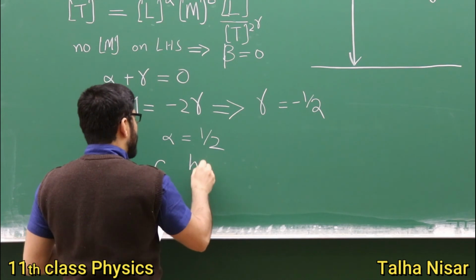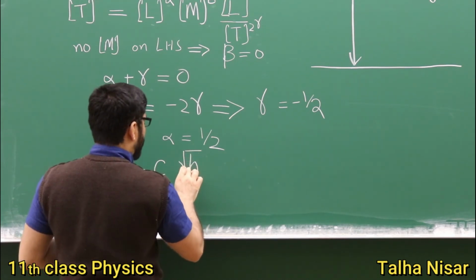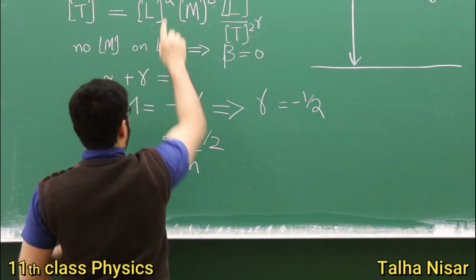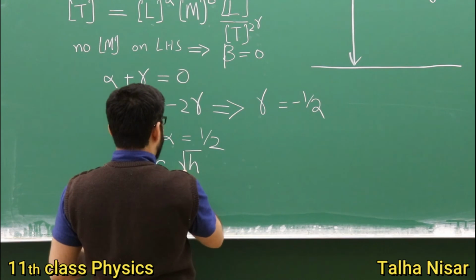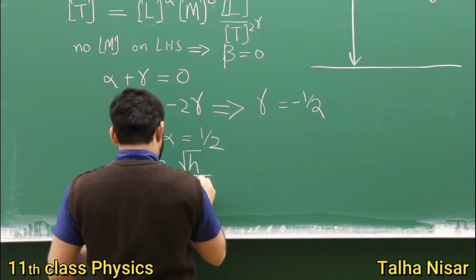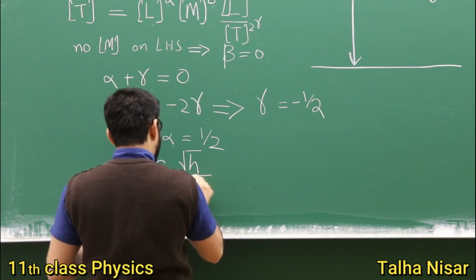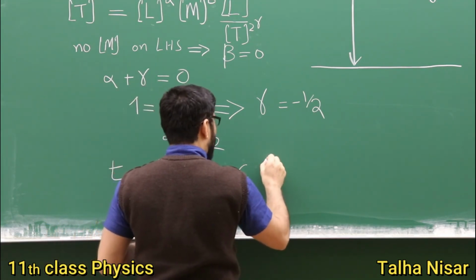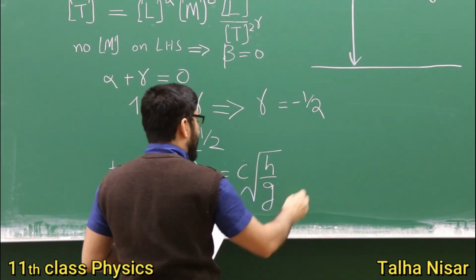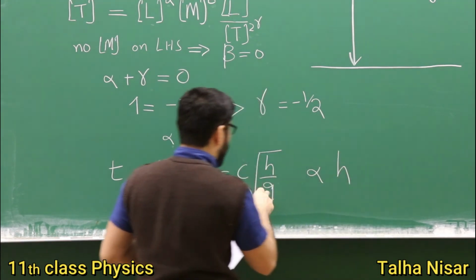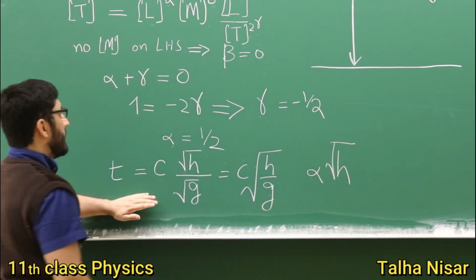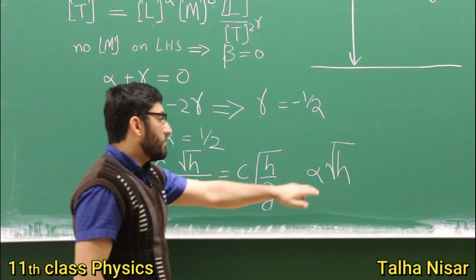So we have the h, for example, alpha was 1 by 2, which is the square root, and since it's minus 2, the gamma, we just write h by g, and it is proportional to the square root of the height, because this is constant and this is constant.